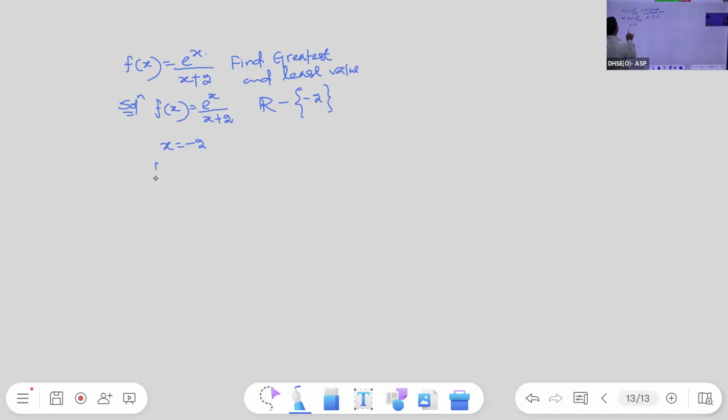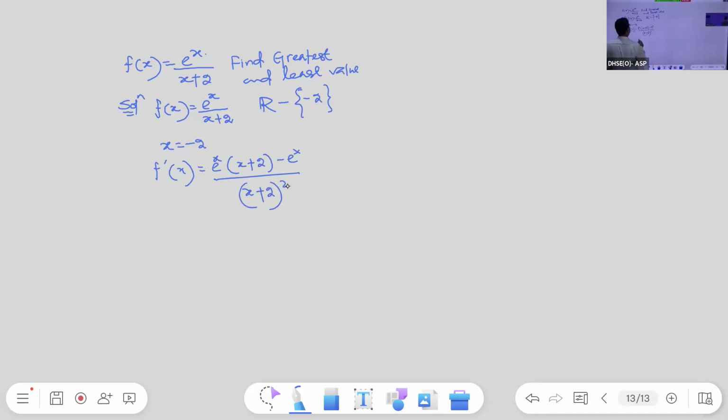f dash x equals e power x into (x plus 2) minus e power x, upon (x plus 2) whole square.